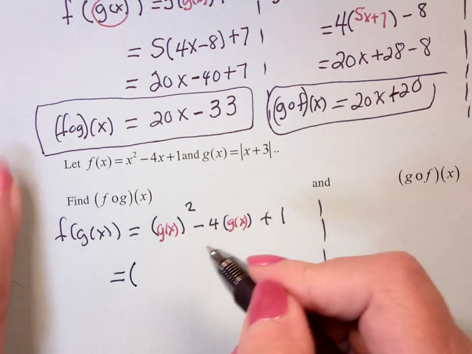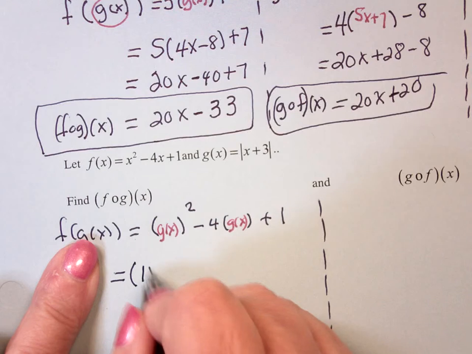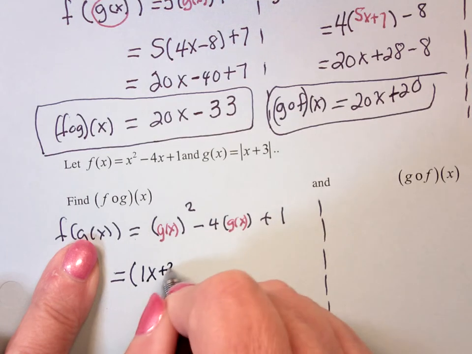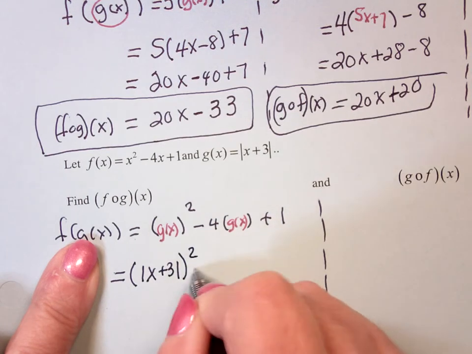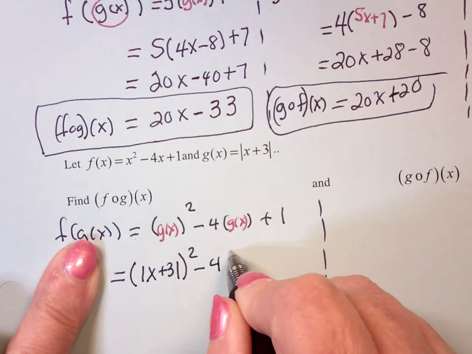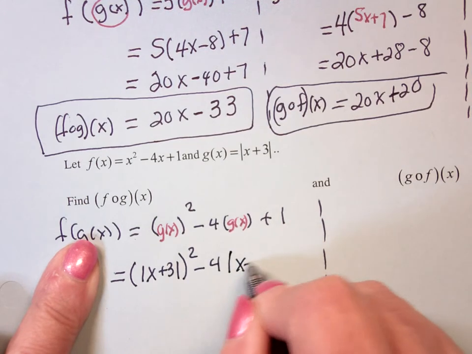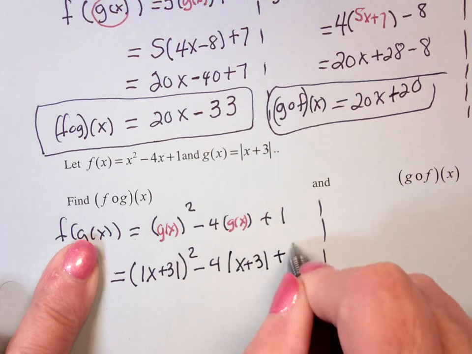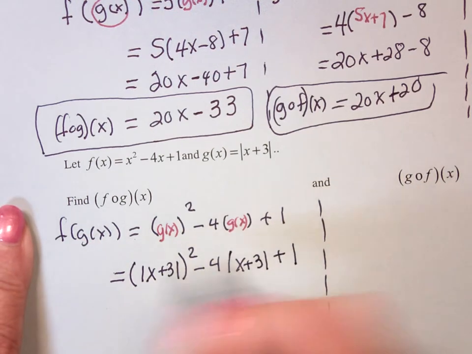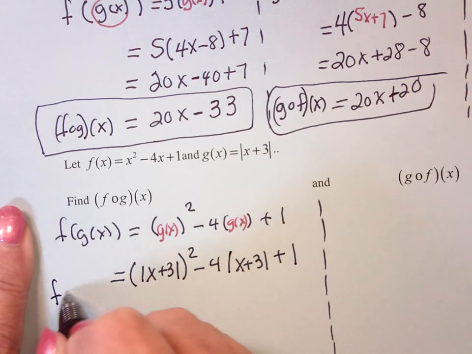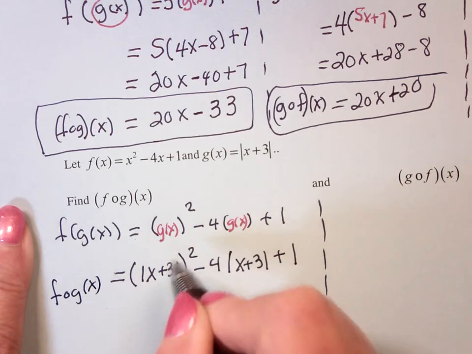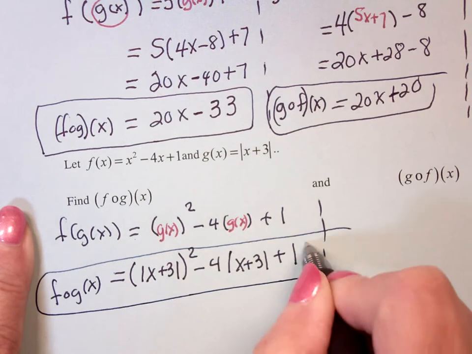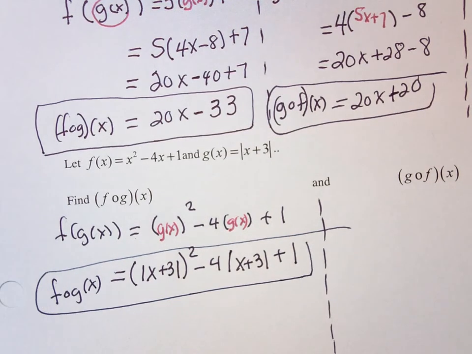So this becomes g, the absolute value of x plus 3, squared minus 4 times g, the absolute value of x plus 3, plus 1. You can do nothing more with this, because of the absolute values. So you just leave it.